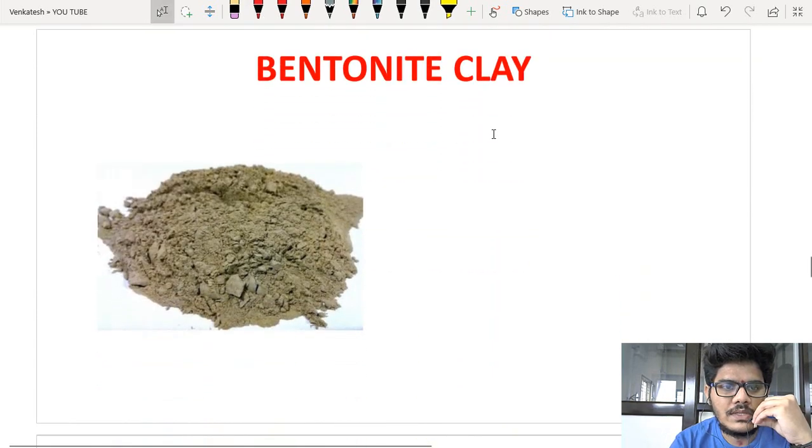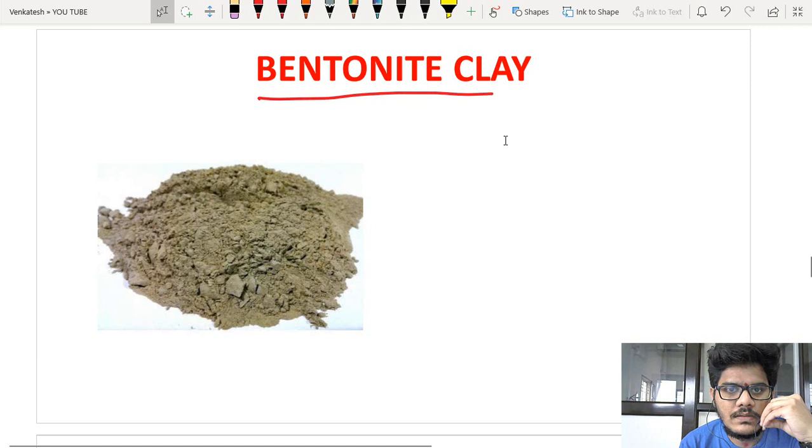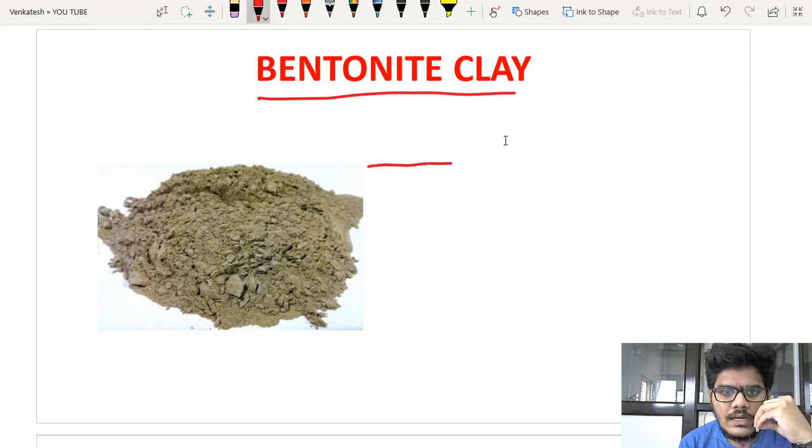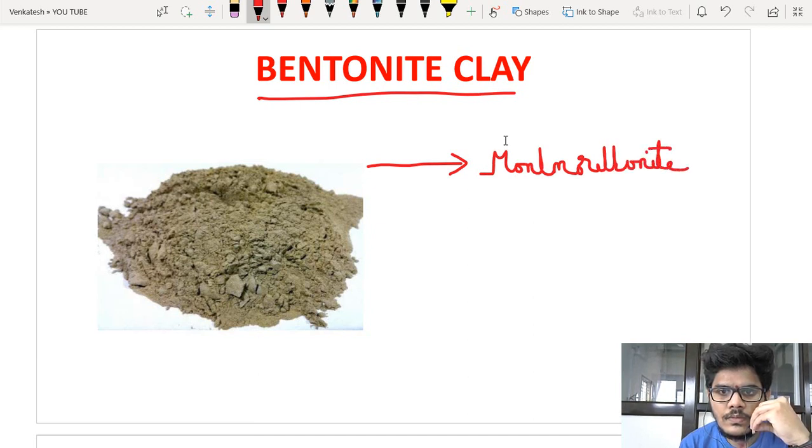So coming to the first soil, this is bentonite clay. This bentonite clay is having large percentage of the mineral montmorillonite. So due to the presence of this mineral, this is having high swelling and shrinkage properties.